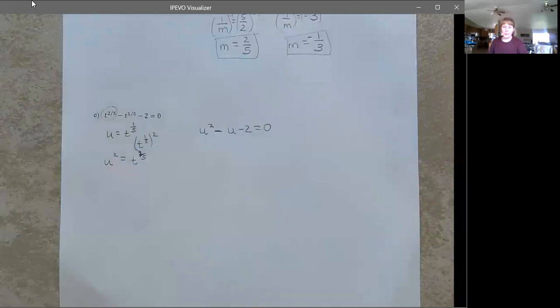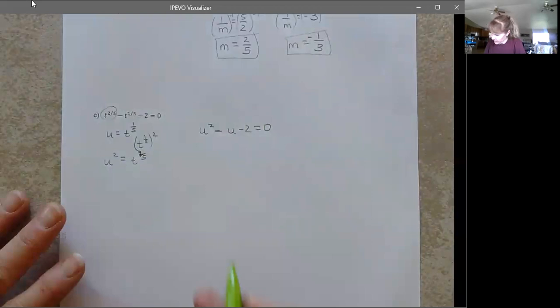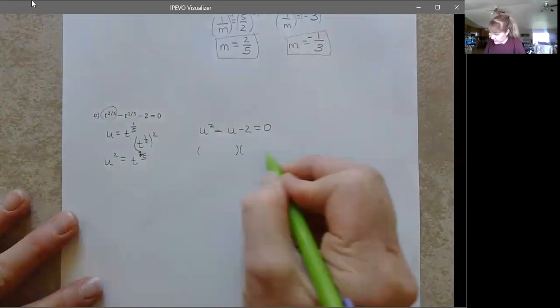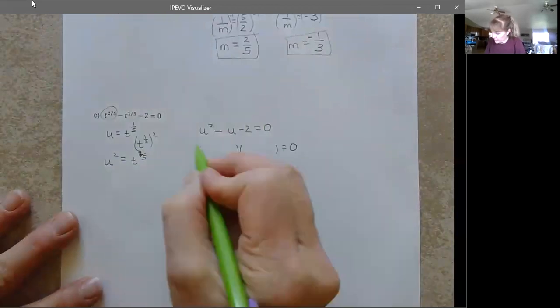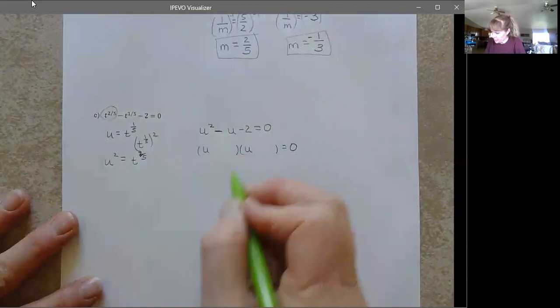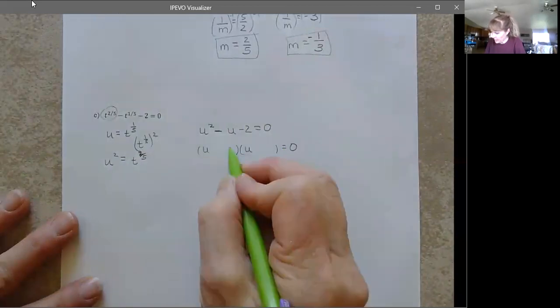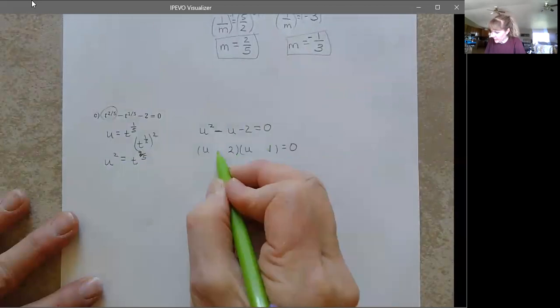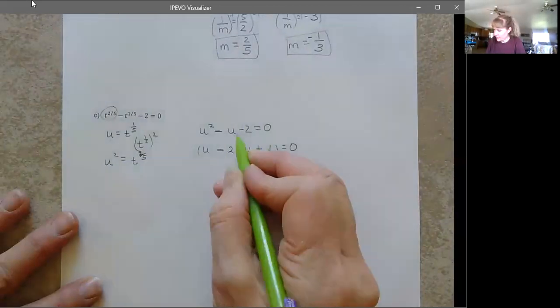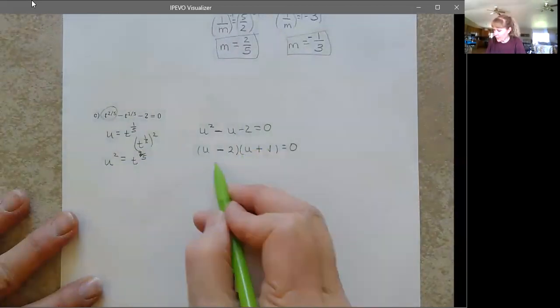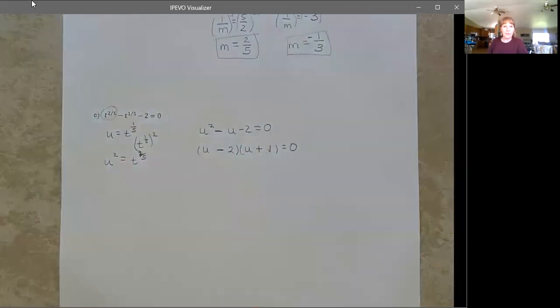Okay, this is probably going to end up being one of our easier problems. Factoring, we have u times u. Let's see, 2 times 1 is 2, negative 2 and a positive 1. So negative 2u and a positive 1u give you a negative 1u. Perfect. So checking the FOIL method, it works.